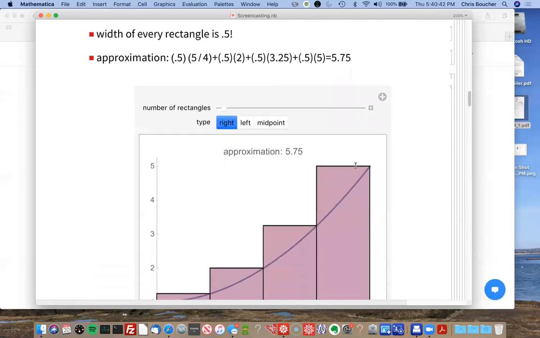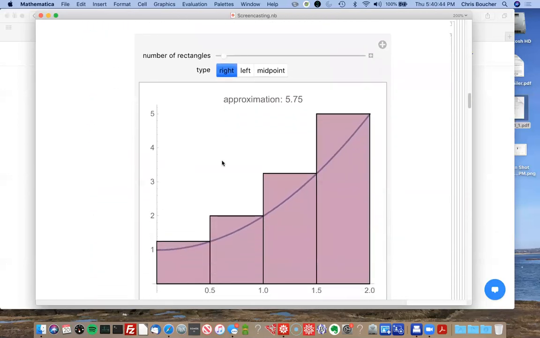A little image here to just encourage us that we're on the right track. This is exactly the same picture from up above. It is just colored a little bit differently, but it's the same function. It is a right approximation. You can see the right button there is highlighted, and there are 4 rectangles.